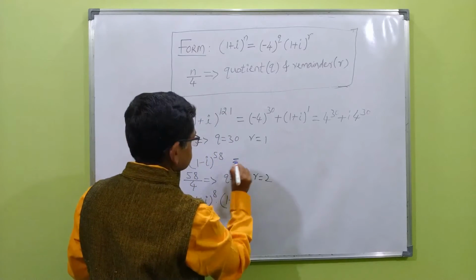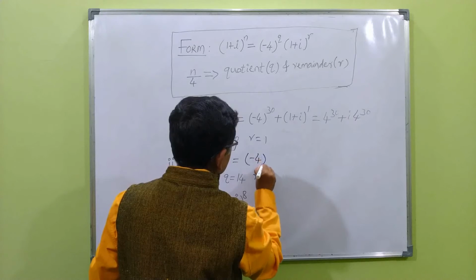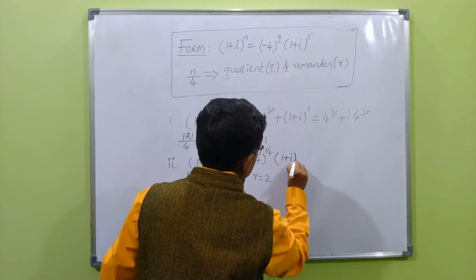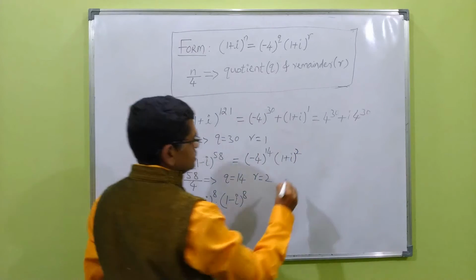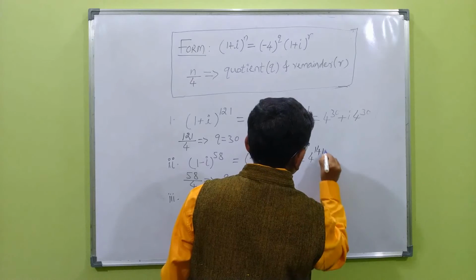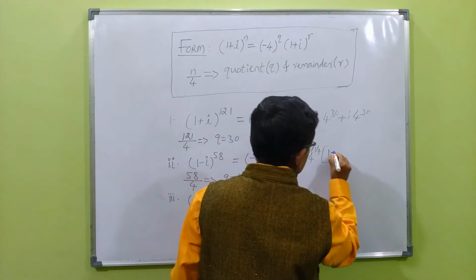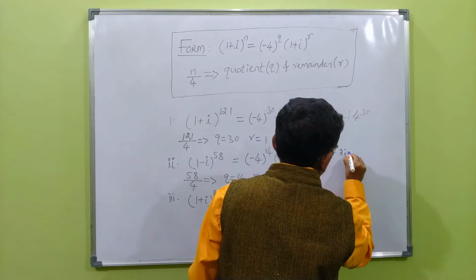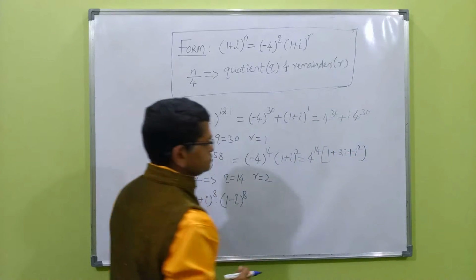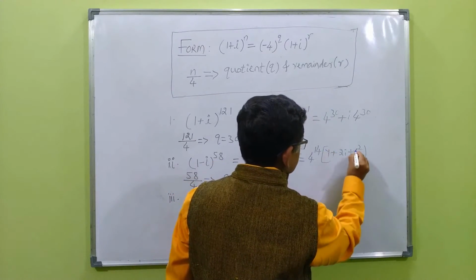So the answer to this is (minus 4) raised to 14 into (1 plus i) raised to 2, or this is 4 raised to 14 into, expand this, 1 plus 2i plus i squared. i squared means minus 1, so these two get cancelled.